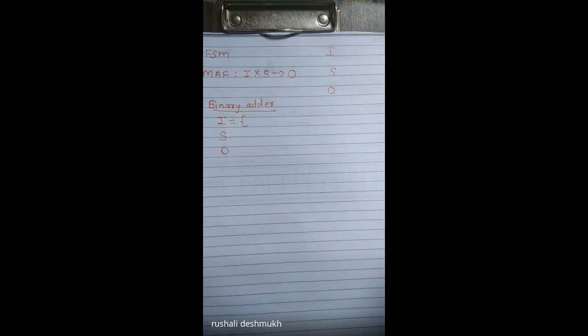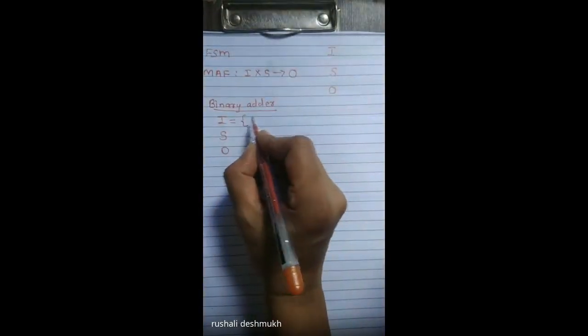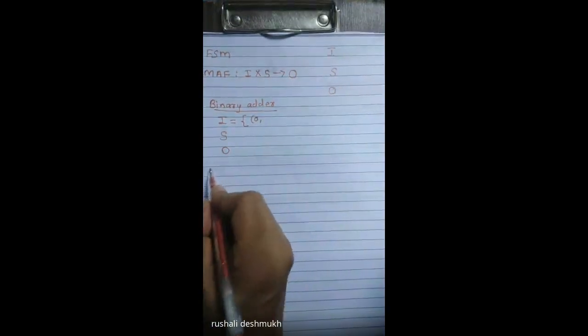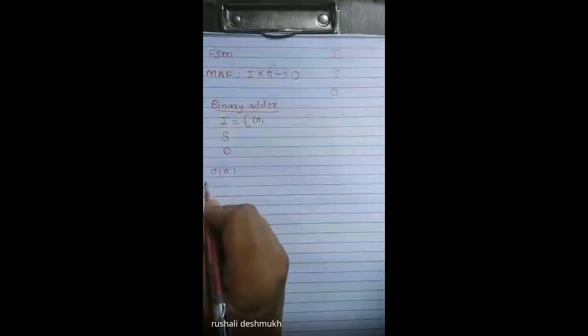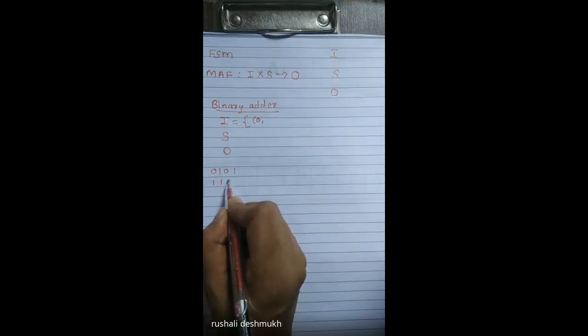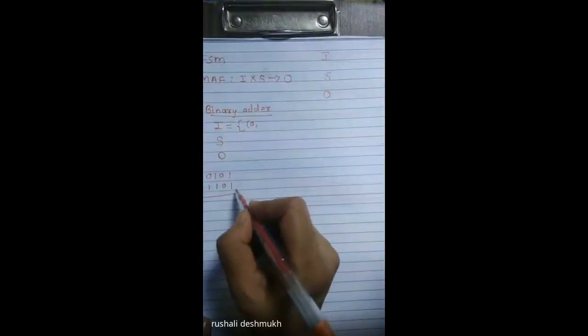Okay, 0, 1, but for a binary adder we have to give the input as a pair, no? Suppose my input is 0, 1, 0, 1, and to that we want to add 1, 1, 0, 1. So what can the inputs be in this?